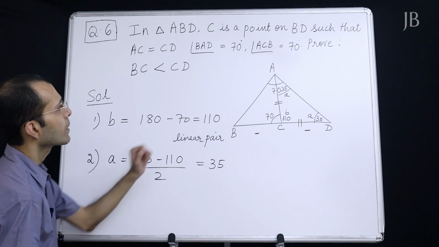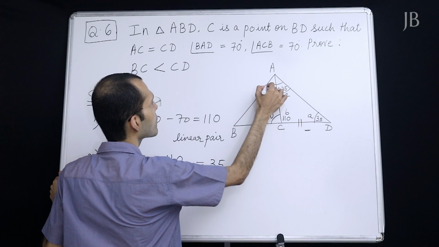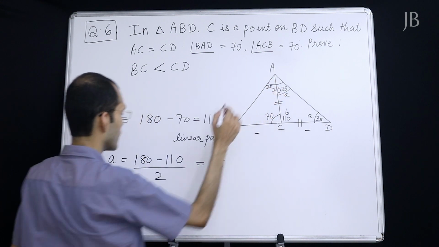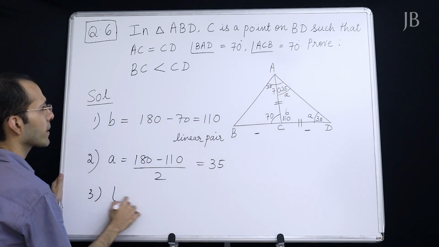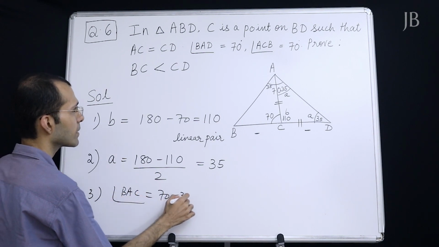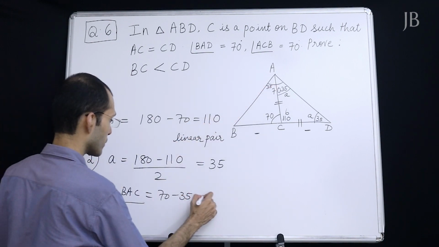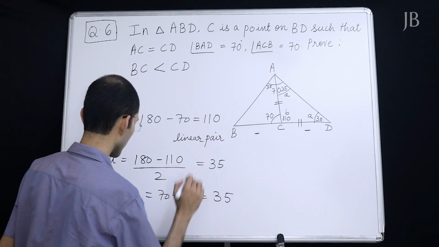The full thing was how much? 70. So this also will be 35. Angle BAC will be 70 minus 35, because the entire thing was 70, no? So this comes to 35.